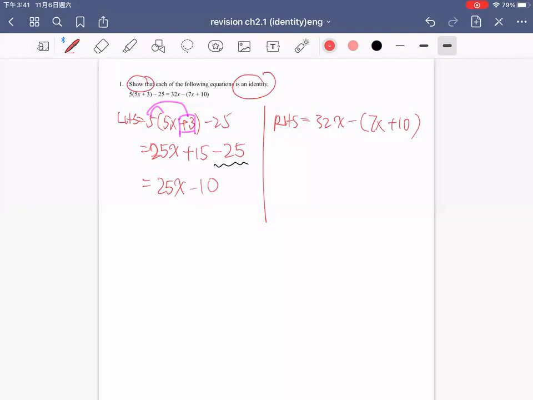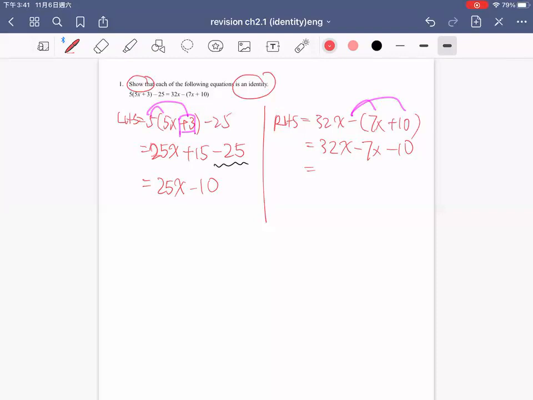And again, with the similar idea on the right hand side, 32x, remember again, right? Negative 7x, and of course negative 10. So 32x minus 7x, which we can think of as $32 minus $7.